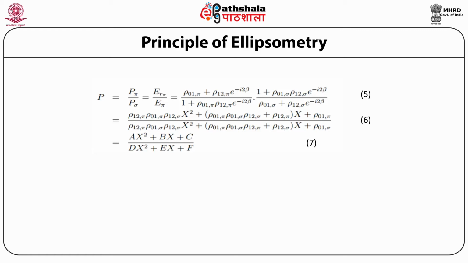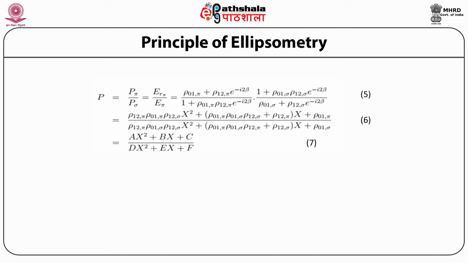This equals ρ12 pi into ρ01 pi into ρ12 sigma x square plus ρ01 pi into ρ01 sigma into ρ12 sigma plus ρ12 pi, on the whole multiplied by x plus ρ01 pi on the whole.